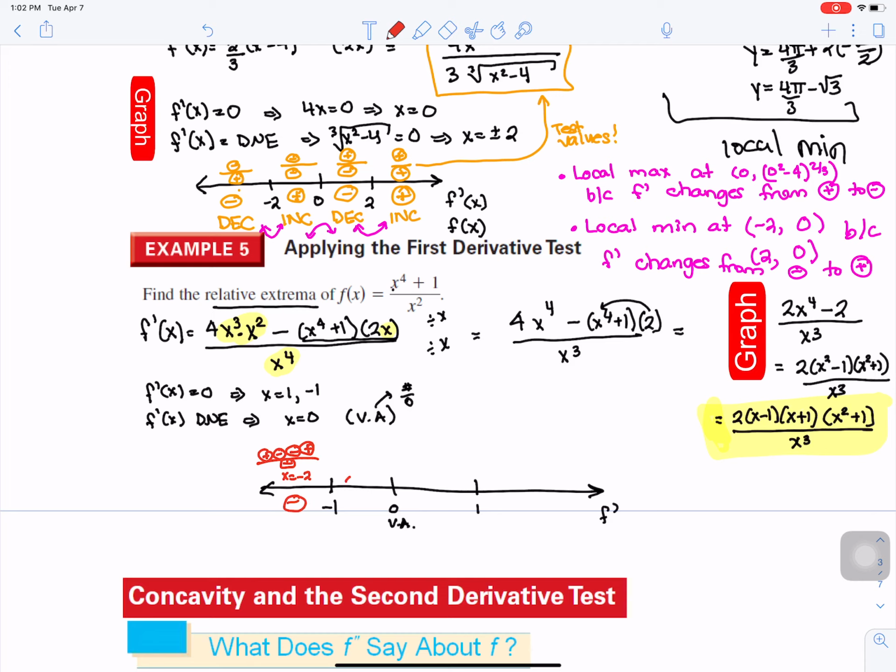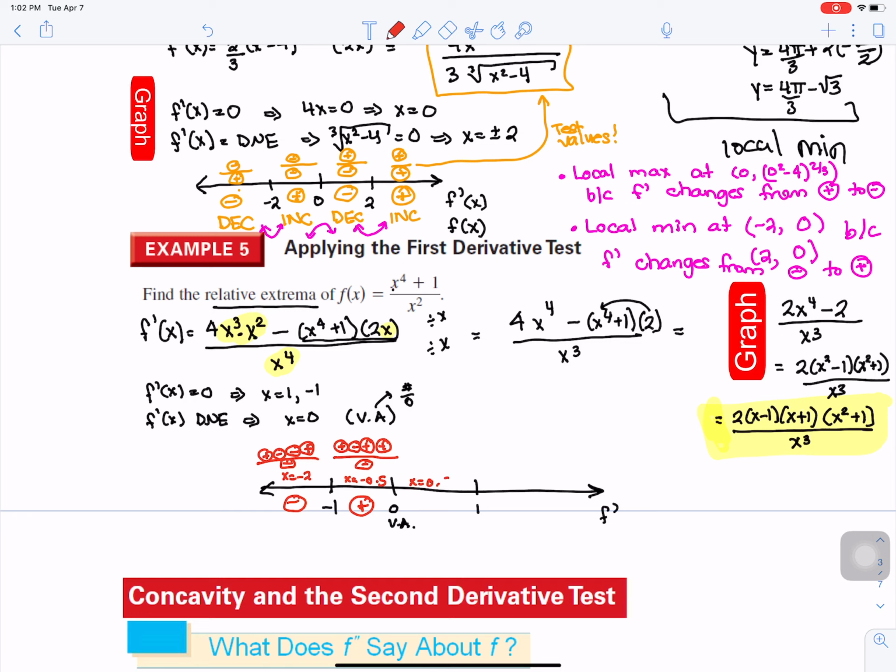When I take a number like negative 0.5, 2 is positive, negative 0.5 minus 1 is negative, negative 0.5 plus 1 is positive, the last term is always positive, and the denominator is a negative cubed, so overall result is a positive sign.